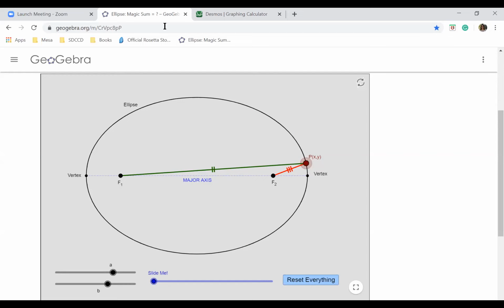Let me bring up a whiteboard to show you what I mean. If the origin is here, and here's C, this is the foci. We have one of those lengths going all the way across.